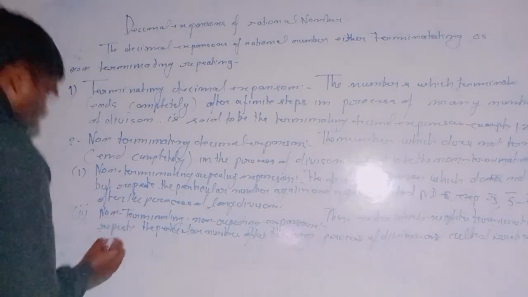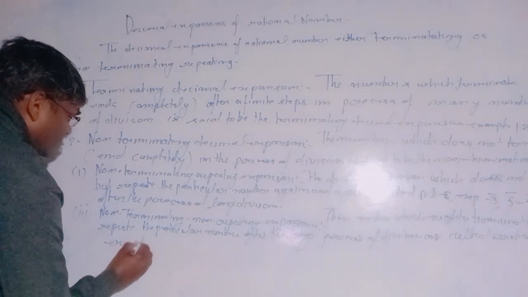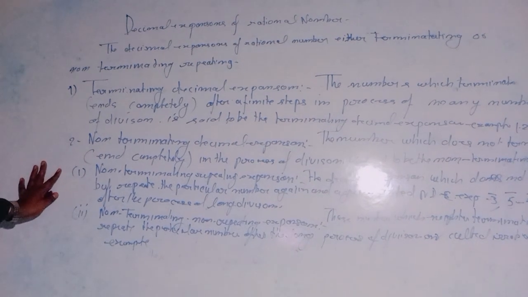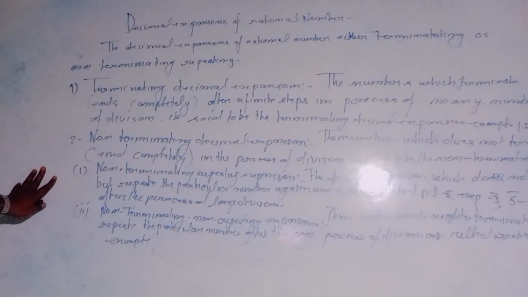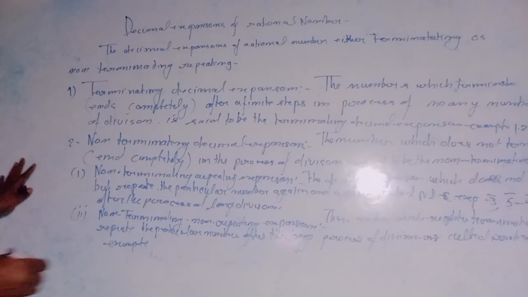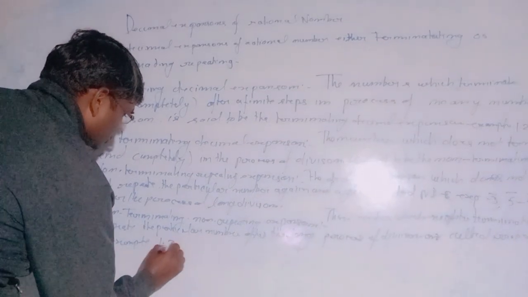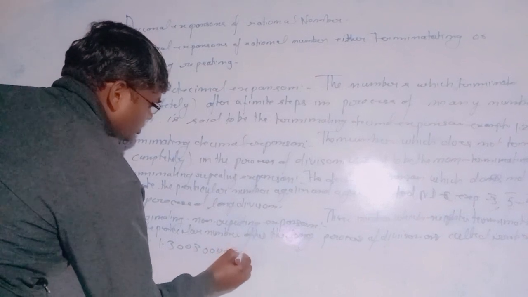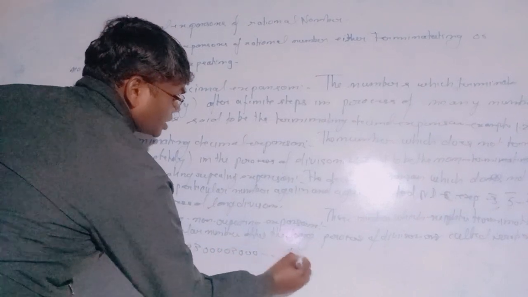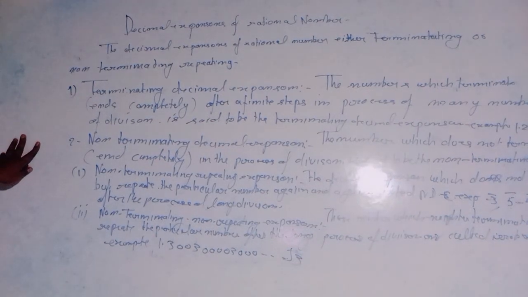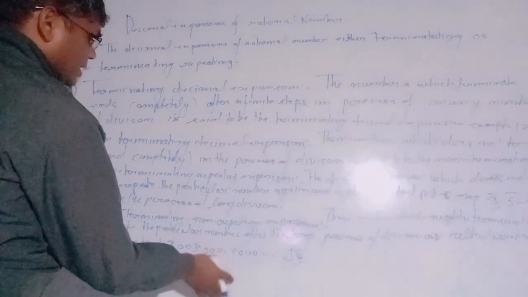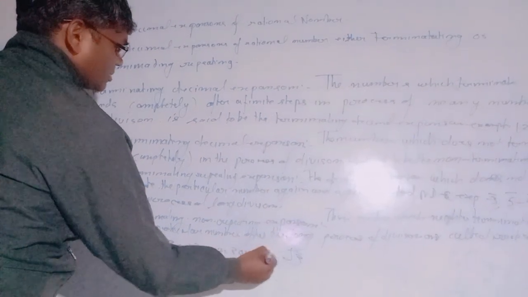So, for example, if we take the example of root 3, and if we take the example 1.03003000300003 and so on, after 3, then 0, and then again, so it goes on like that.